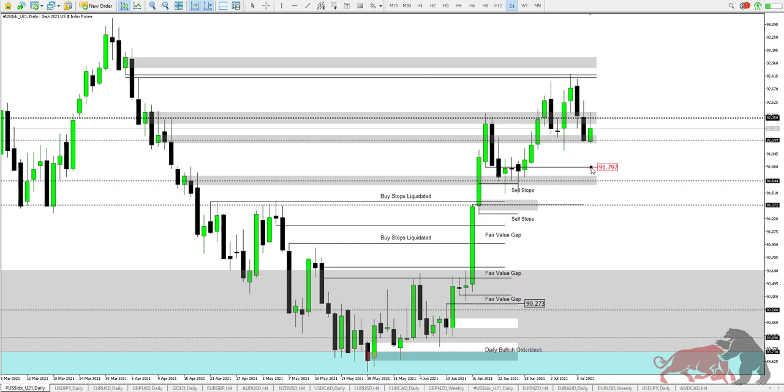What do we have here? So we've got the 91.79, so that's 91.80, right? This price point and 91.64. If dollar is to correct further to the downside, expect these levels to provide resistance.